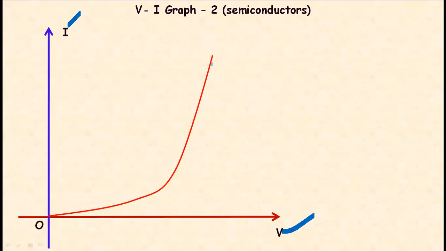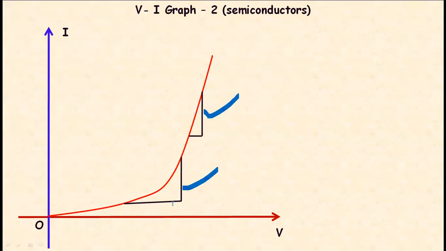So for semiconductors, if I attempt to draw a graph between voltage and current, I will get a non-linear trace. Only when the graph is linear will I get the slope as a constant value, and the slope calculated in different parts will be constant. But whenever the trace is non-linear, if I find the slope at various parts of the graph, say using this triangle and again using the triangle at the bottom, the two slopes I get will be different.